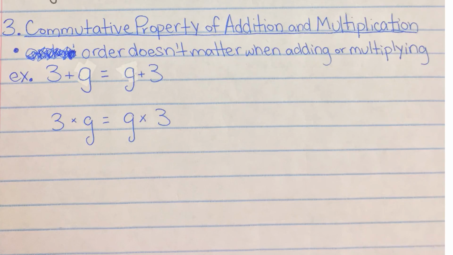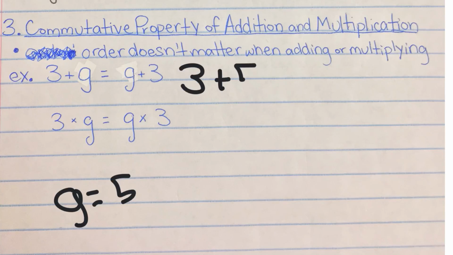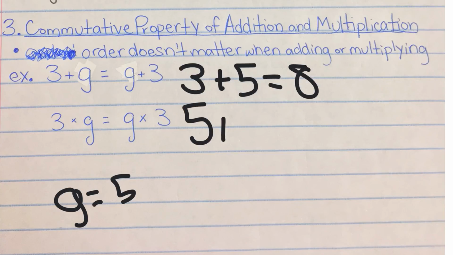The order doesn't matter. So let's say we plug in a number here for G. Let's say G equals 5, right? So 3 plus 5 equals 8, right? And 5 plus 3, we flip the order, still equals 8.